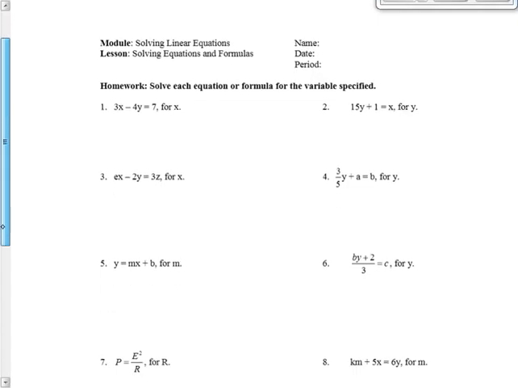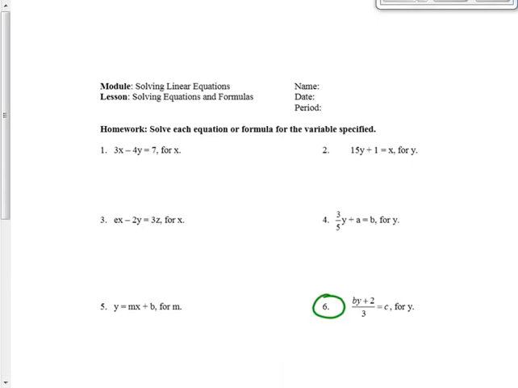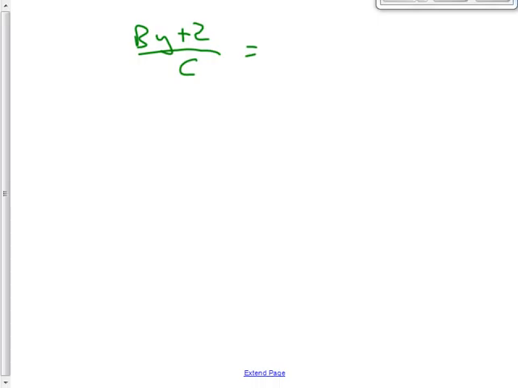Let's pick maybe a little bit harder one here. Let's go with number 6. by plus 2 over 3 is equal to c.